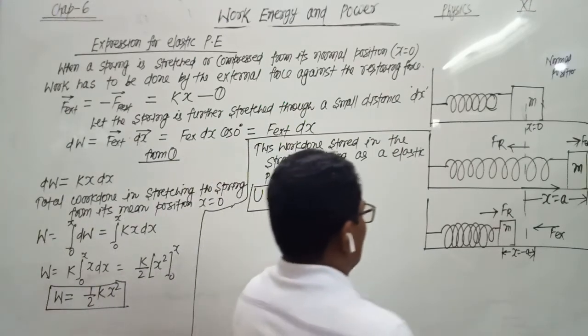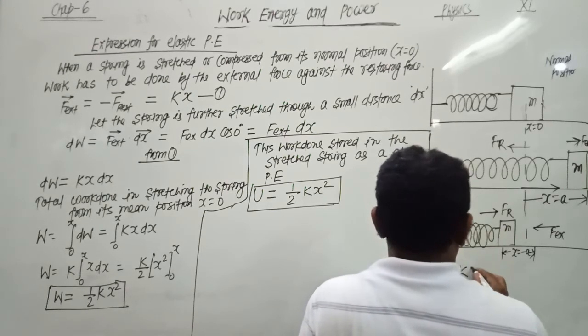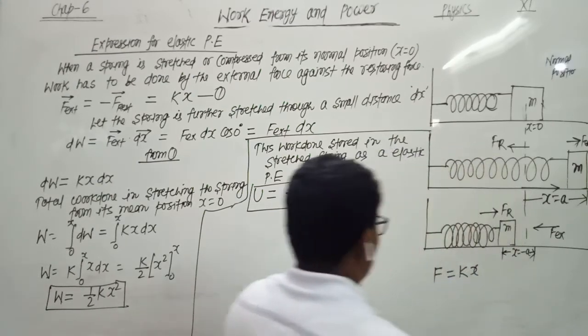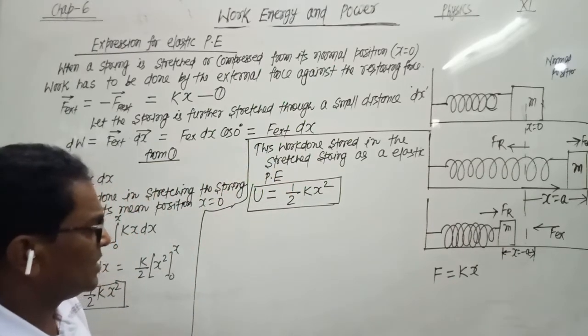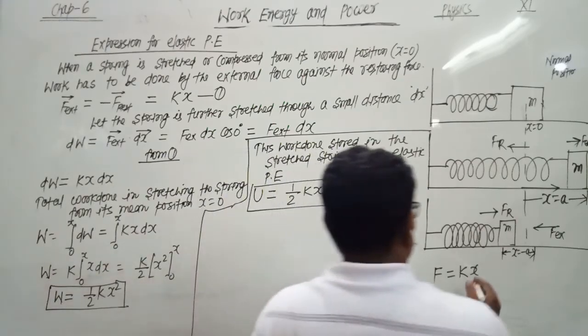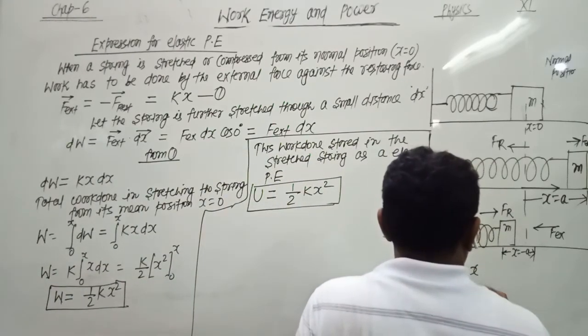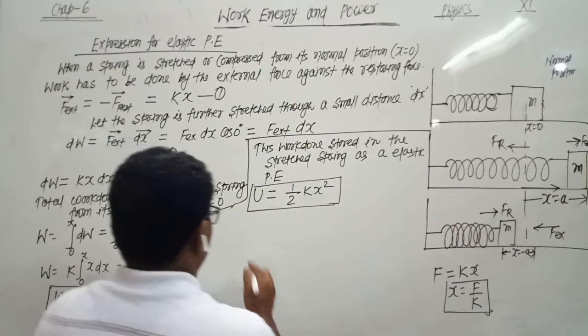Now the formula for external force F was equal to K into x. So from here we get x equals F by K. Put the value of x equals F by k.